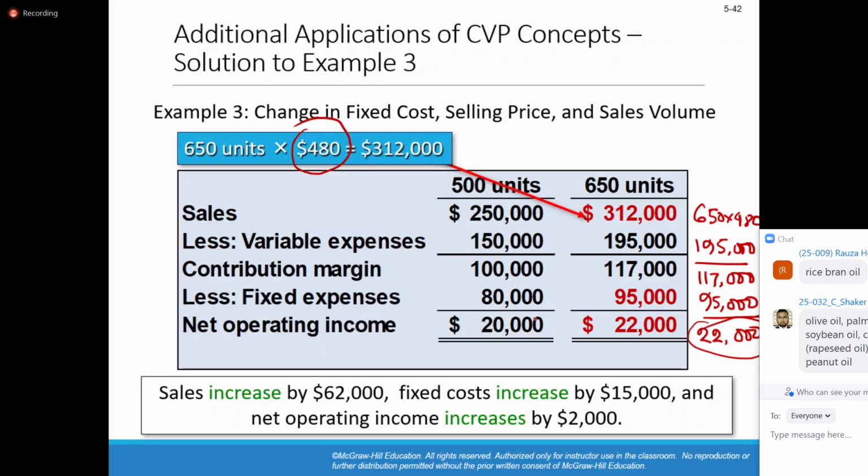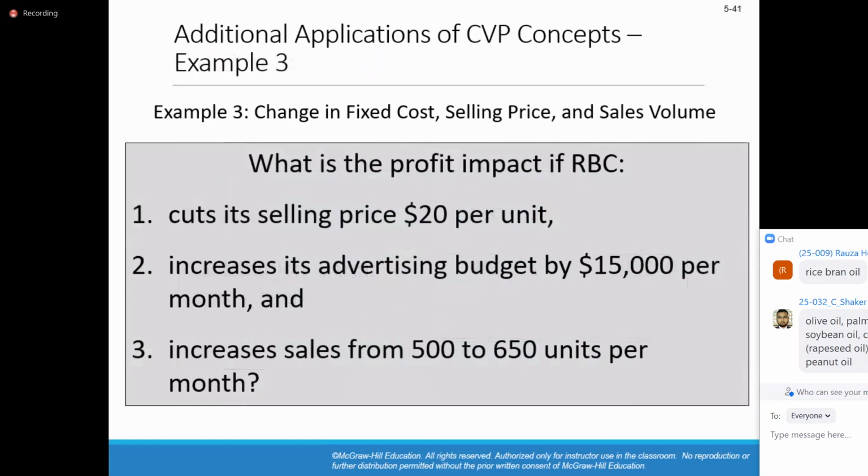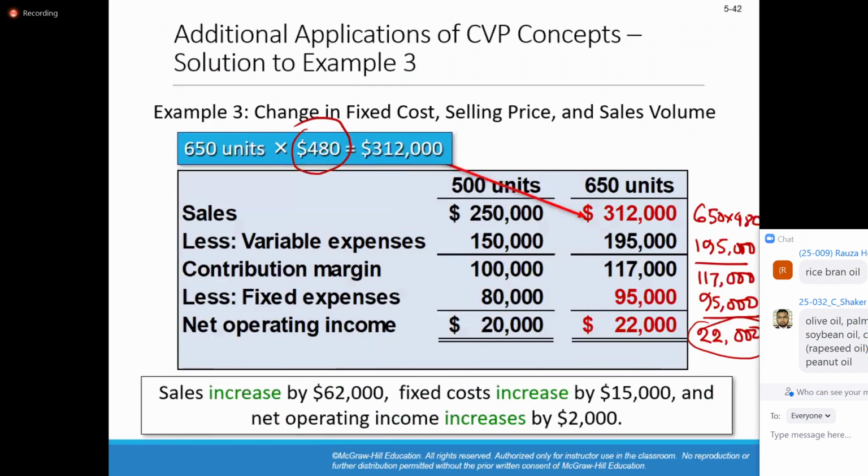So in that case, it is justifiable that we allow the sales price to go down by 20 per unit, it is a good thing. And if we increase the advertising budget by 15,000 for generating 150 units of more sales, okay? So by balancing the good thing with the bad thing, I mean the increase of cost, we see that our net value is still positive because our operating income has gone up by 2,000.